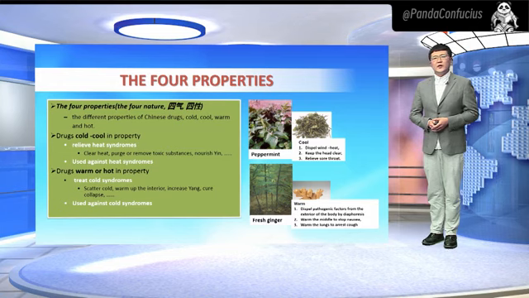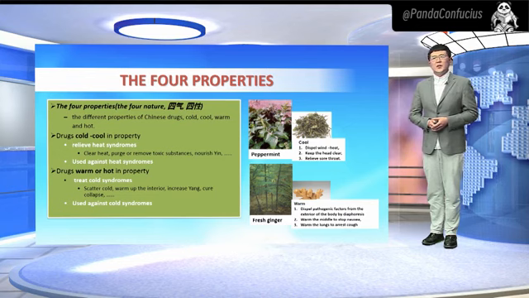For example, they can clear heat, purge or remove toxic substances, and nourish yin. In contrast, drugs with warm and hot properties can treat cold syndromes. For example, they can scatter cold, warm up the interior, increase yang, and cure collapse.